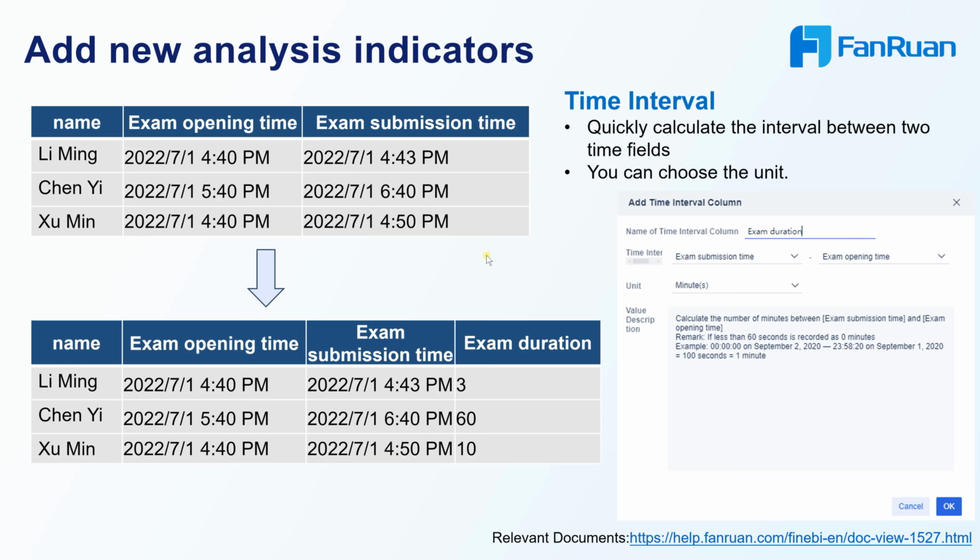For instance, in an online exam, a student has an entry time and a submission time. We can calculate the time spent by subtracting the entry time from the submission time, choosing minutes as the unit. The result will show the time taken for the exam, such as 3 minutes. This can be useful for analysis, as we may find that a short time could indicate problems, like the student not taking the exam seriously.